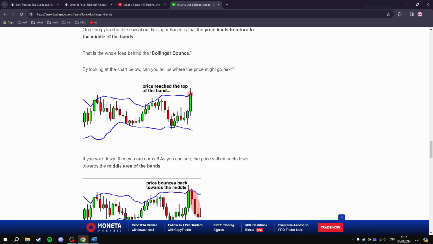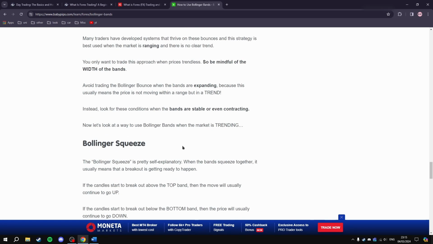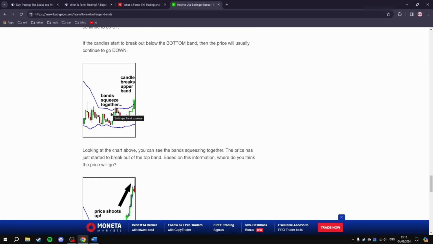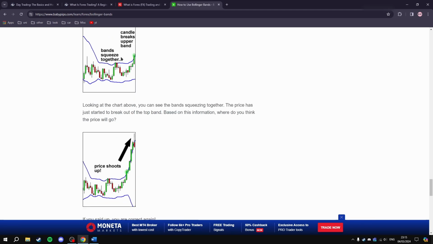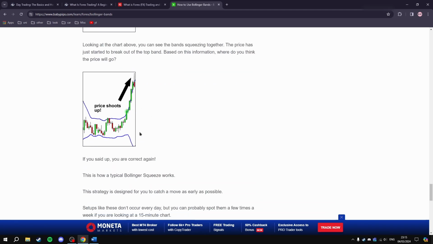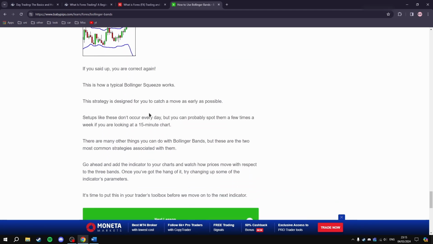The Bollinger bounce: price tends to stray towards the middle of the bands. The squeeze: squeezing and then price shooting. If a candle breaks above the upper band or below the lower band after the squeeze, then it's going to continue, I think.